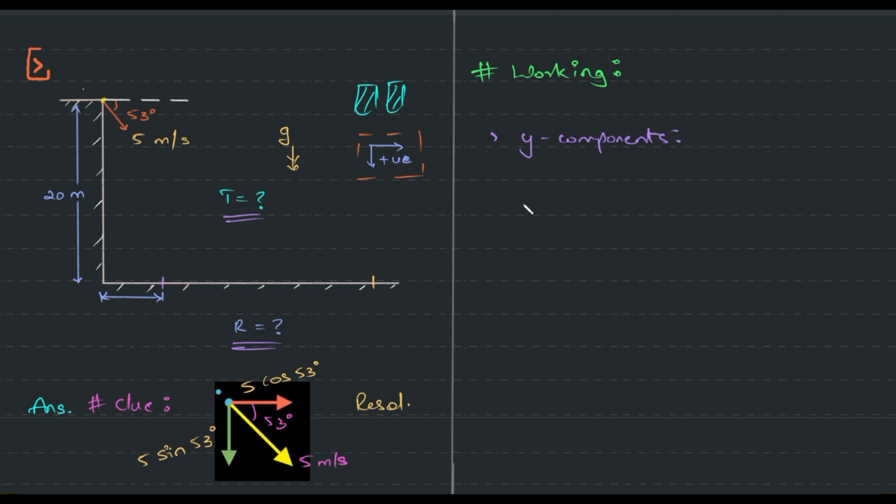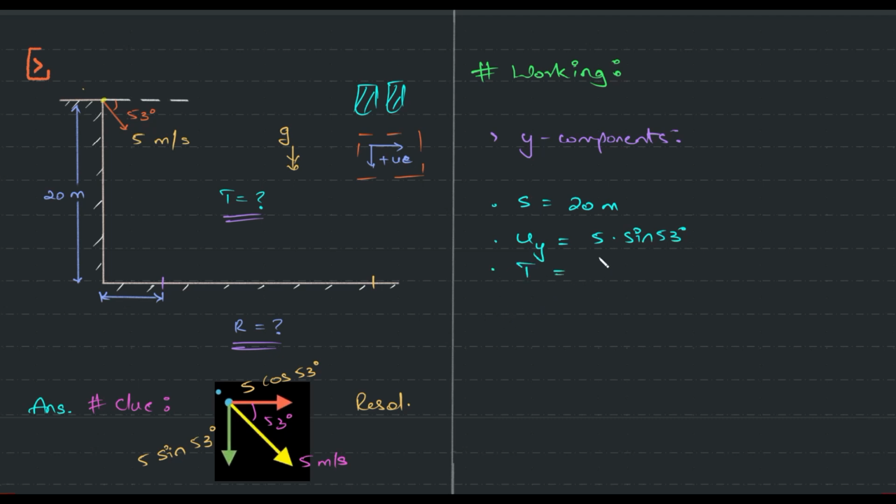So basically, your height, or distance, we'll take it as s, is 20 meters. Your initial velocity would be 5 sine of 53°.